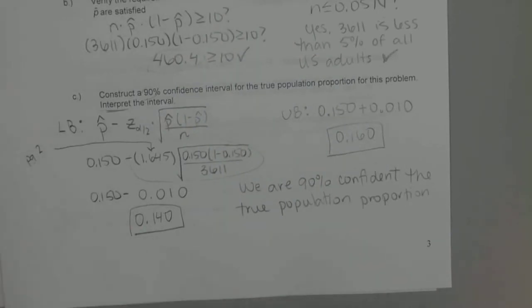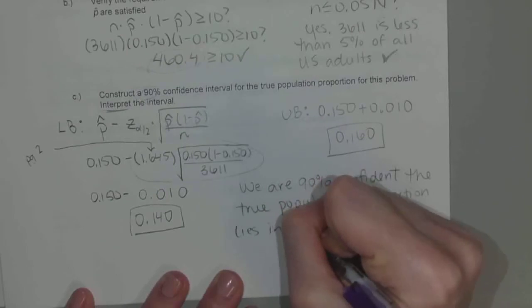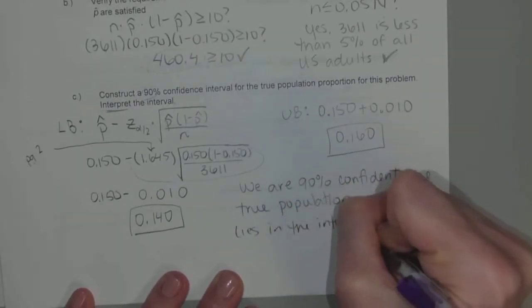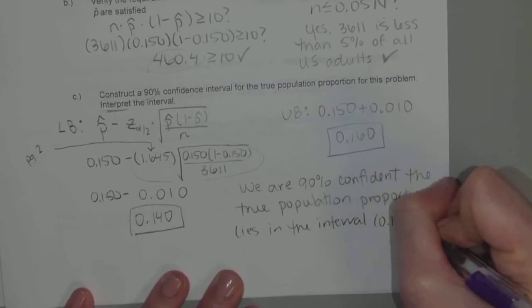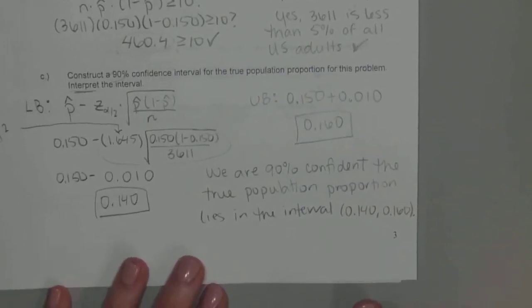It's going to be wordy, but I just say the population proportion lies in the interval 0.140 to 0.16. Okay? We are 90% confident the true population proportion of U.S. adult Americans who have never made a purchase on their smartphone lies in the interval of 14 to 16%. So, notice before we say 15%, or now we say I'm 90% sure it's between 14 and 16%. You can have a little bit of confidence.